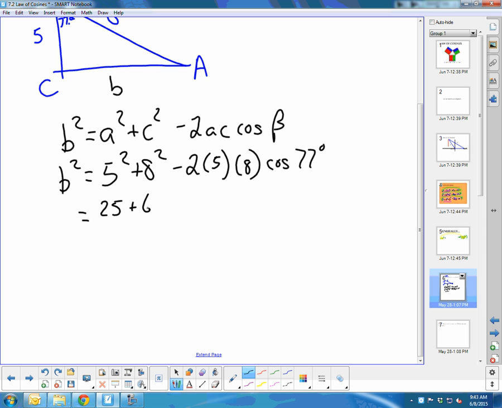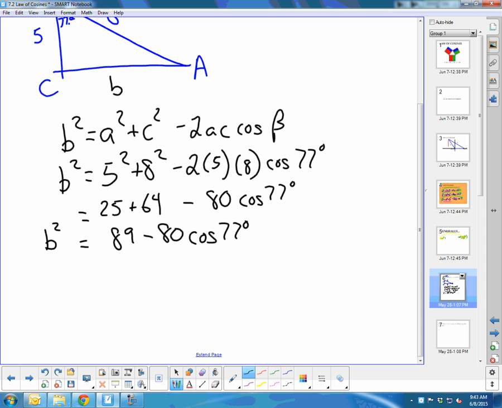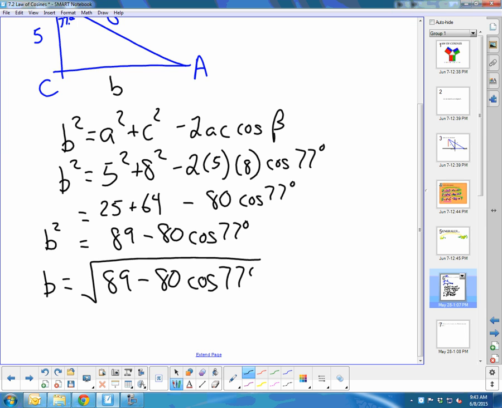That's 25 plus 64 minus 80 cosine 77 degrees, and 89 minus 80 cosine 77 degrees. At this point, I'm kind of stuck. So b equals the square root of 89 minus 80 cosine 77 degrees.